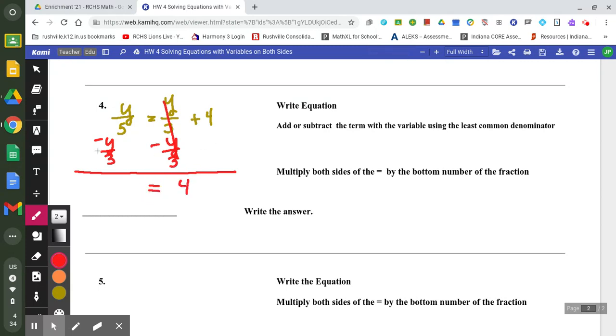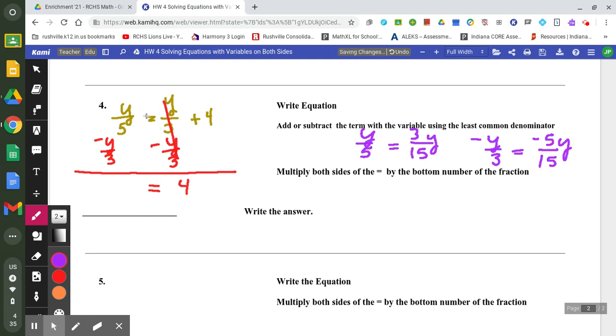And so we do have to change these into least common denominators. So I'm going to kind of do that over here. So my y over 5 would be the same thing as 3y over 15. And then my negative y over 3 is the same thing as negative 5y over 15.